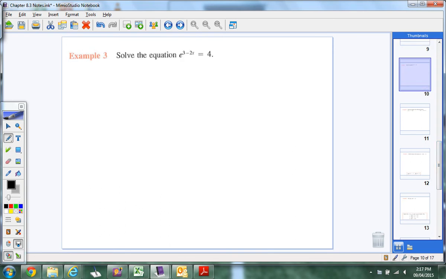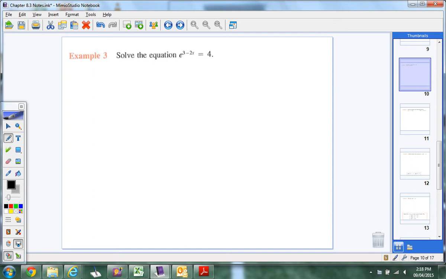Okay, so solving this one. Write that down and then just think, strategize: how can I get my x down? That x is up there, how can I get that down?